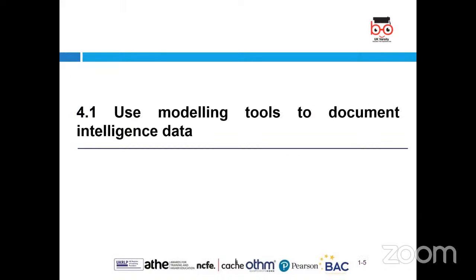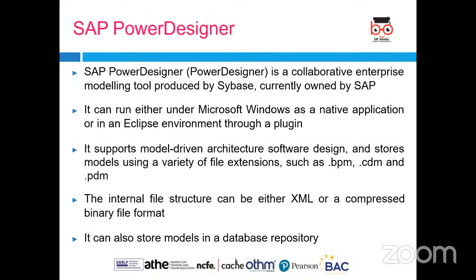Now we can look at some examples of tools which are used for business intelligence. We already introduced some of them in our other tutorials, where we spoke about IBM Cognos and many other software. Today, we're going to look at two examples, which is SAP PowerDesigner, which will allow us to do some modeling.